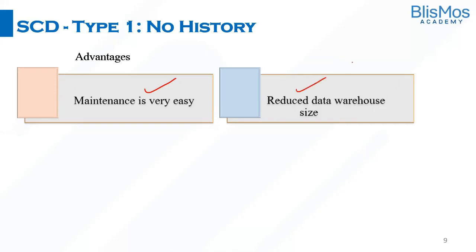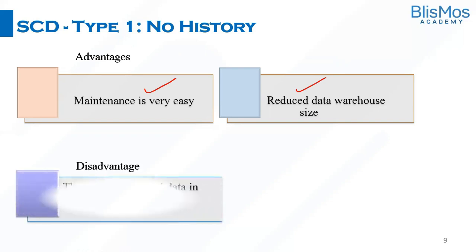As compared to the other SCDs, the size of the data warehouse will be less. One of the disadvantages is there is no historical data in the data warehouse. If I want to know what has happened in the previous vendor time and what was the earlier location of an employee, I don't have data for that. In most cases, that is a disadvantage.